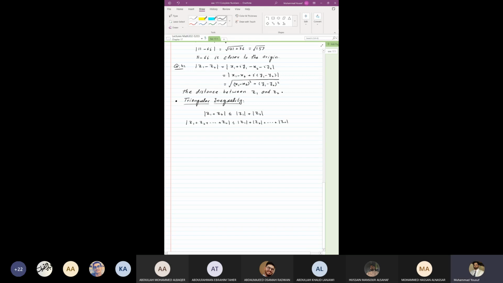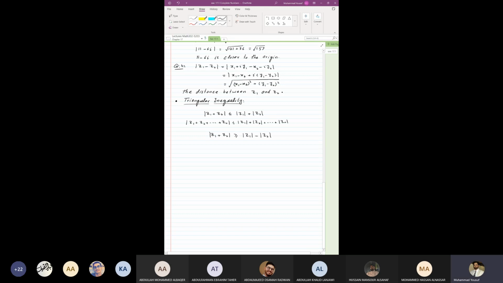Also, we can obtain another important property: the absolute value of Z1 plus Z2 is greater than or equal to the absolute value of Z1 minus the absolute value of Z2.